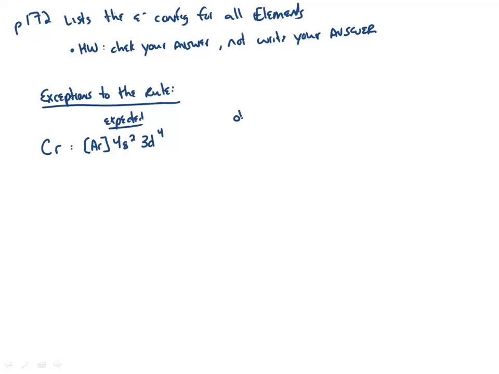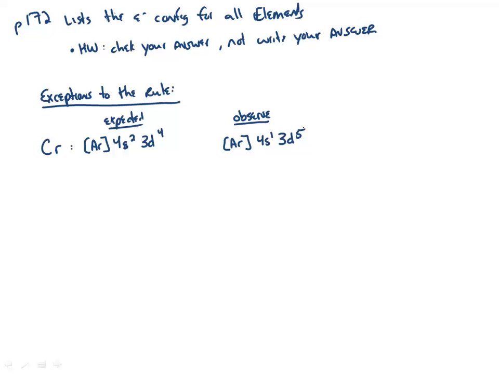But what we observe in nature, and from its ability to make bonds, is that it actually looks like Ar 4s1, 3d5. So notice in both cases it has 6 electrons in its outer shell.